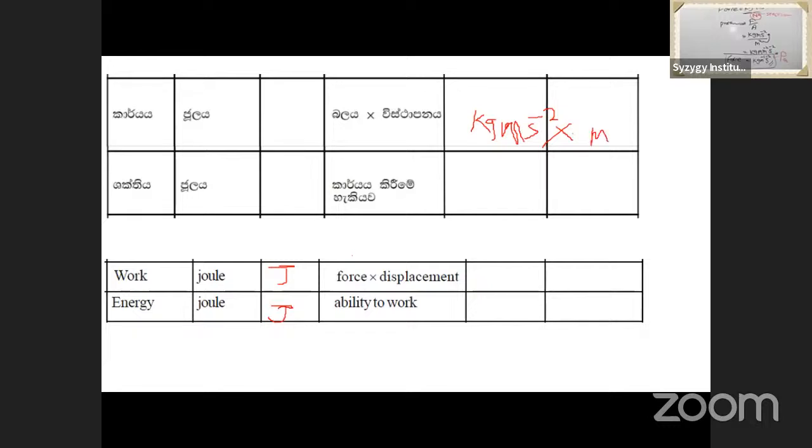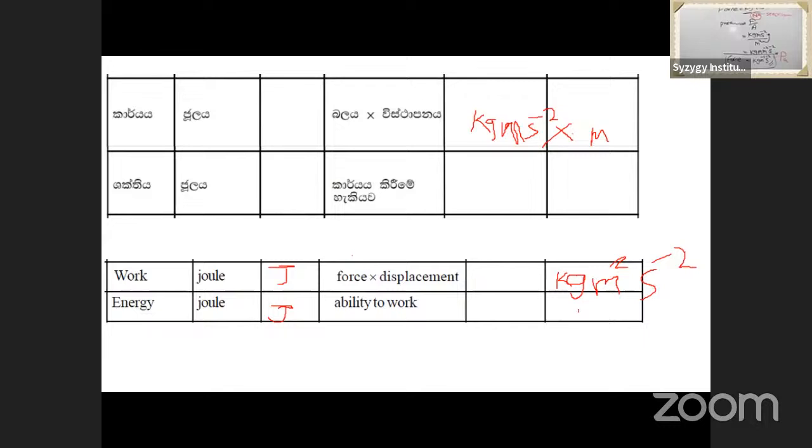Then you can write kg m squared s to the power minus 2.